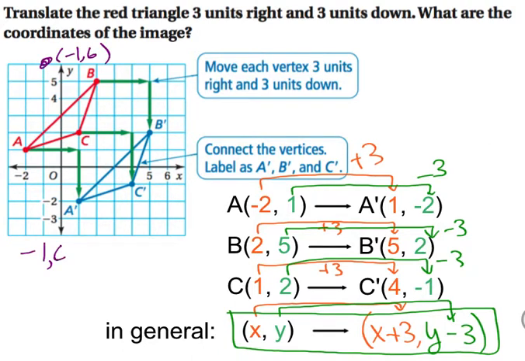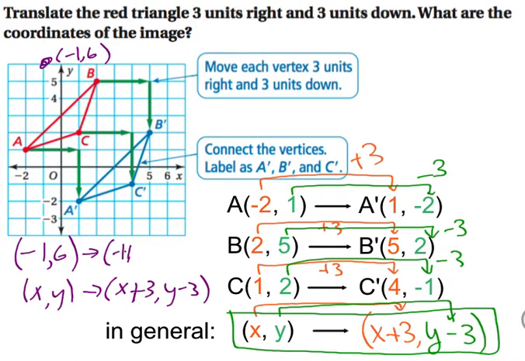If I transform it according to this rule where x, y becomes x plus 3, y minus 3, then it's going to become -1 plus 3 and 6 minus 3. That is 2, 3. So it would end up at 2, 3. That would be my new point, over 3 and down 3.